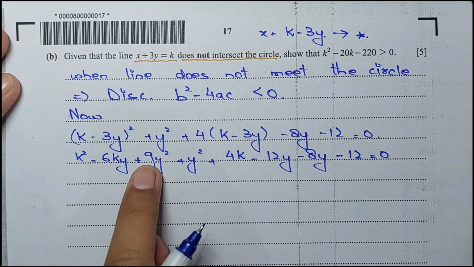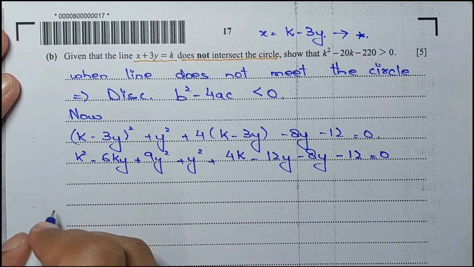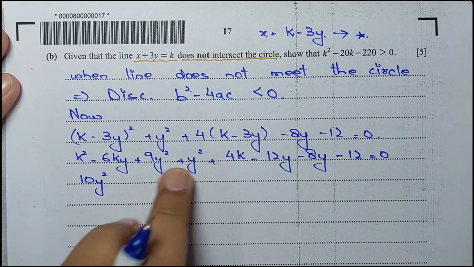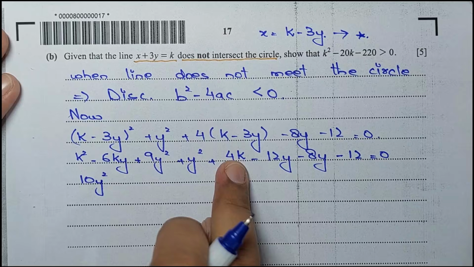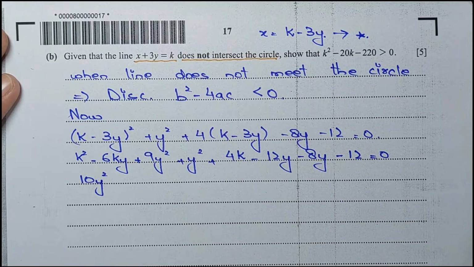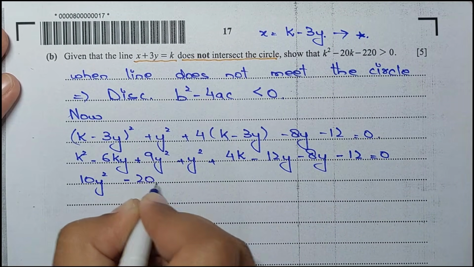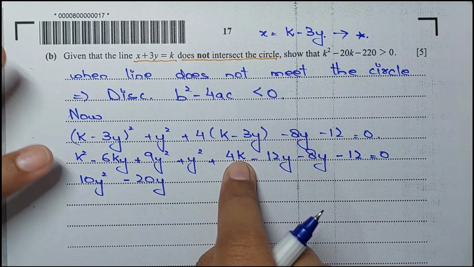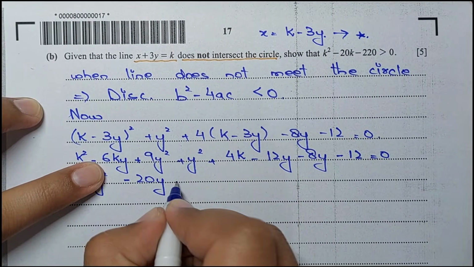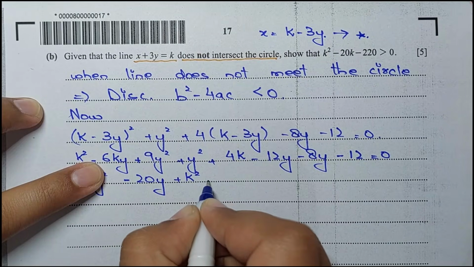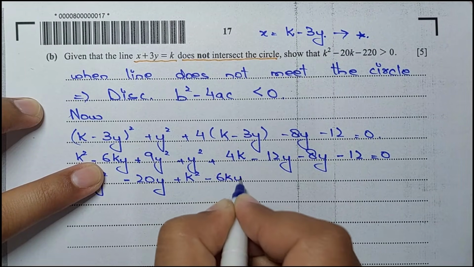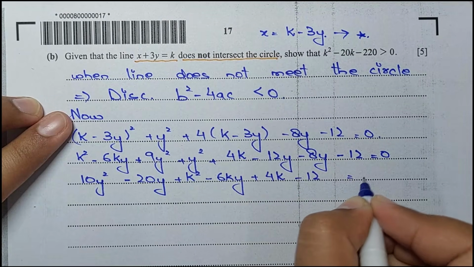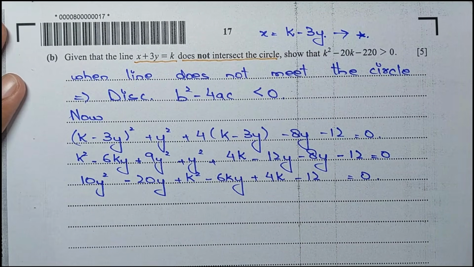Now the y square terms are 9 and 1, so it is just 10y square. These are the y terms: minus 12 and minus 8 is minus 20y, and we have the k terms, plus k square minus 6ky plus 4k and minus 12 equals 0.